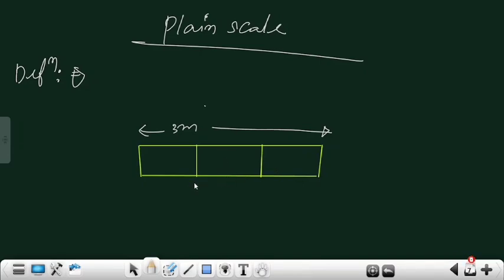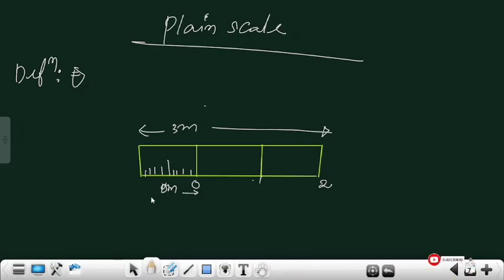Let's start from this 0, 1 and 2. This to this 1 meter, this to this 1 meter, this to this 1 meter, and it is further divided into 10 parts. 1, 2, 3, 4, 5, 6, 7, 8, 9, 10. This is meter, and meter is subdivided into decimeter.